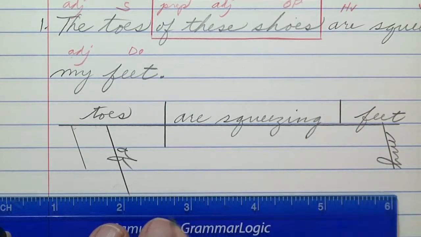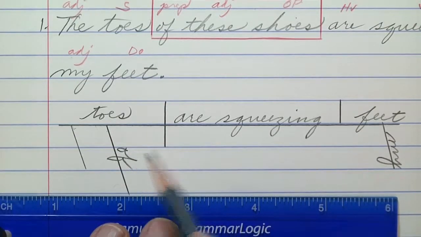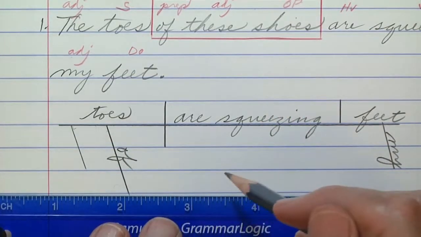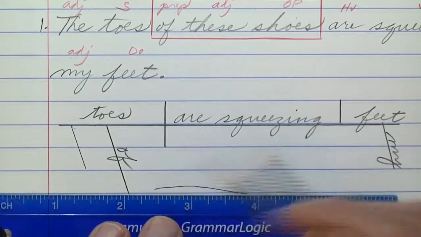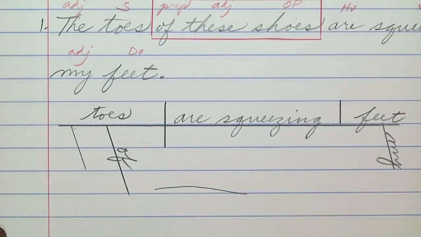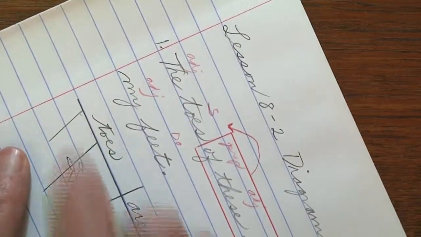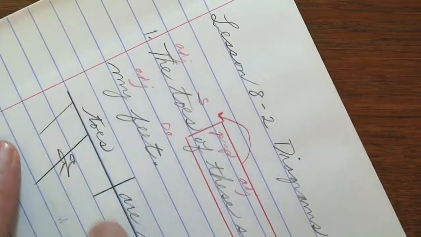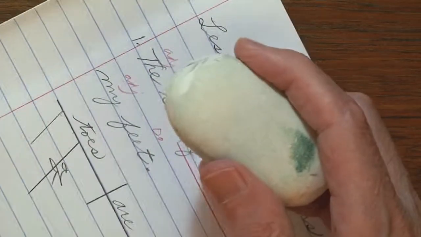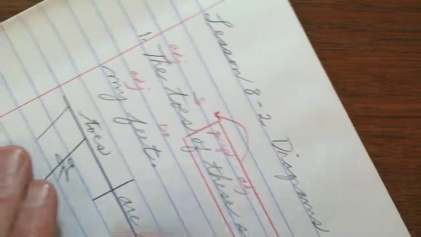So at least 2 lines. So now, of what? Of shoes. The object of the preposition we're going to put down here. Oopsie. Okay. Eraser ever ready, right? Okay, so there we are.